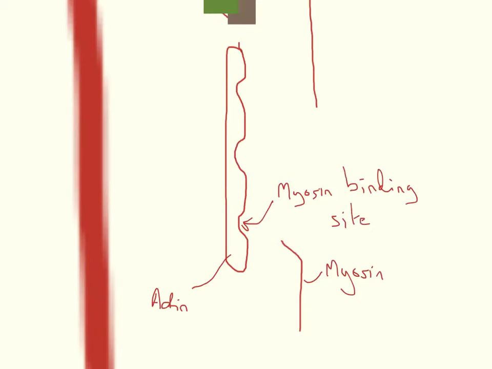Once myosin has bound to it, that's when contraction can occur. But under normal circumstances, we have two compounds in the way. We have tropomyosin and we have troponin.